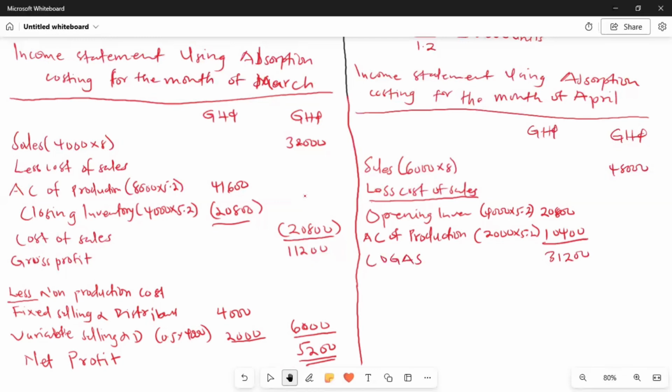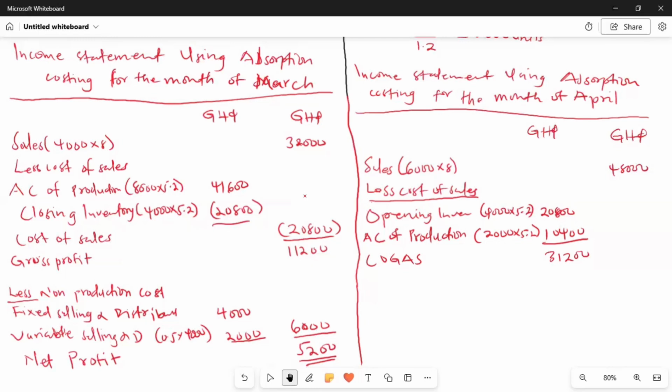Here, when we check this one, the goods available to sell are 6,000 units, and we sold 6,000. So it means there were no closing units. Here you need to check the under and over absorption. When you look at the question, as I said, the normal capacity is 8,000.